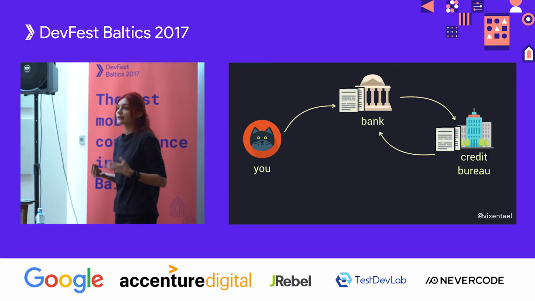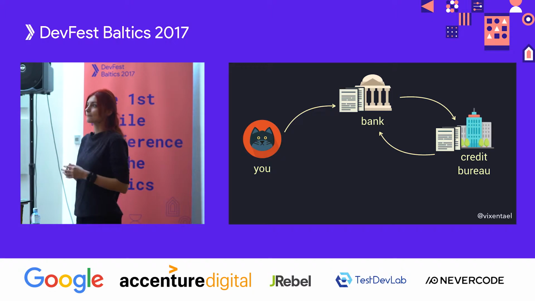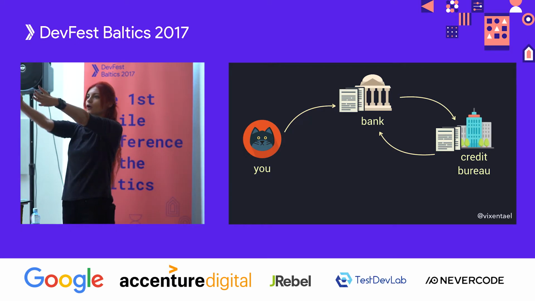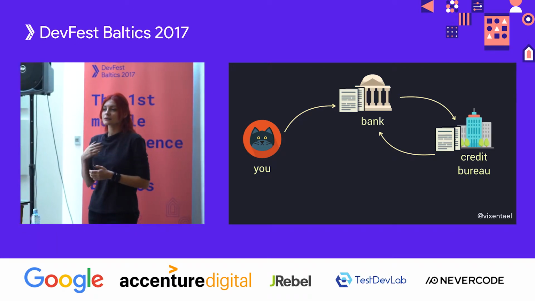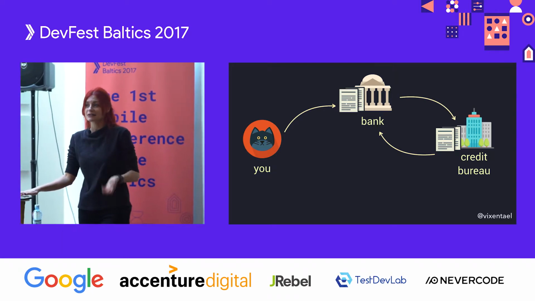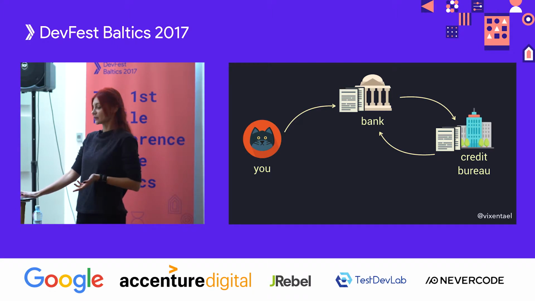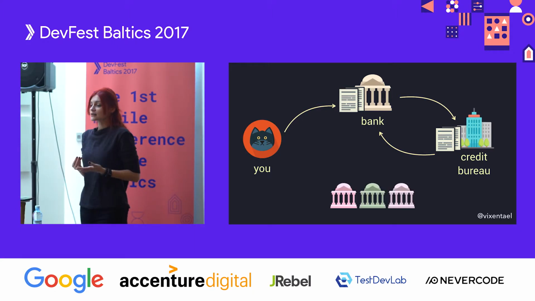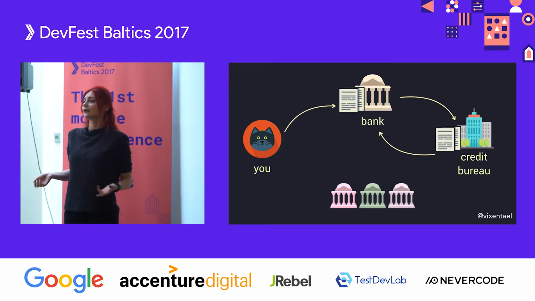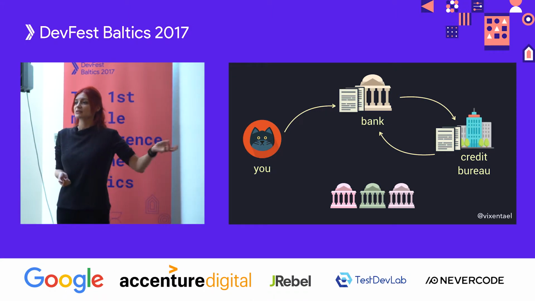The bureau sends the credit history back to the bank. Usually, the bureau stores the whole file, so they just send the whole file back, although the bank doesn't need to have all these transactions. But sometimes banks ask for more data than they really need. And of course, that bank is not the only bank in the life of Mr. Cat.